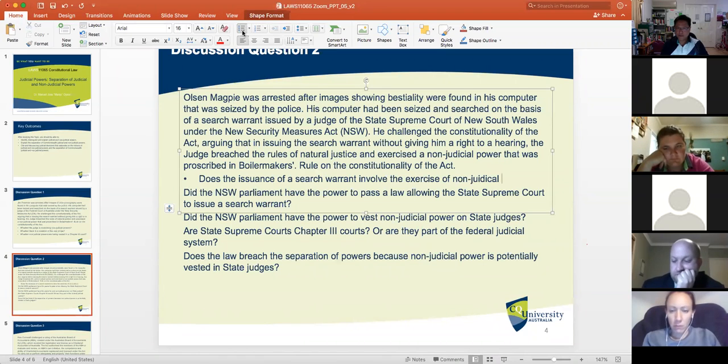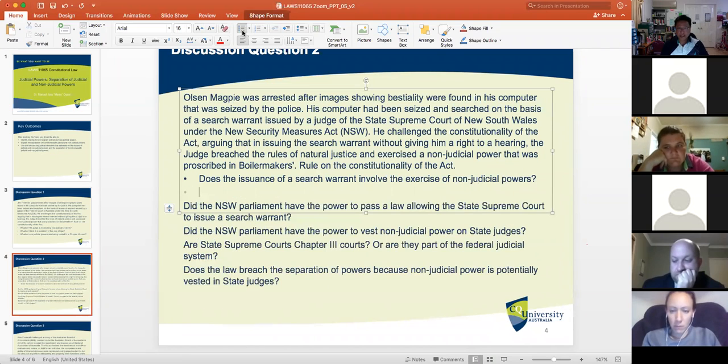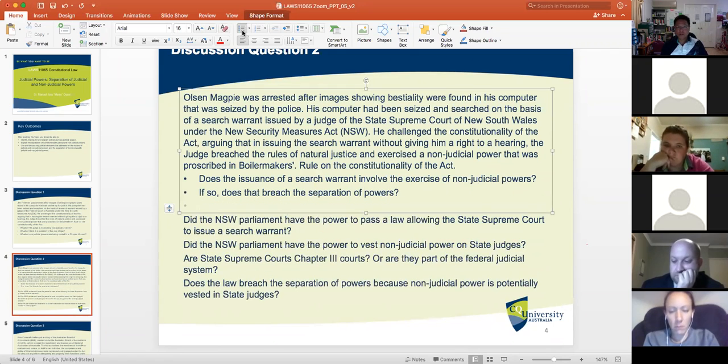So that to me is the first legal issue, non-judicial powers. And secondly, if so, does that breach the separation of powers? And thirdly, we go back to the question of, is there a breach of the rules of natural justice? Are you happy with those issues?